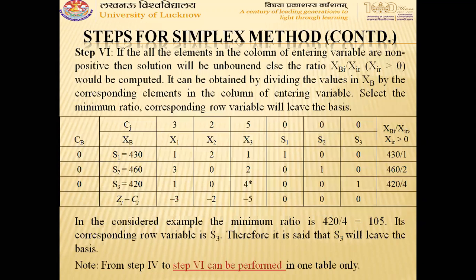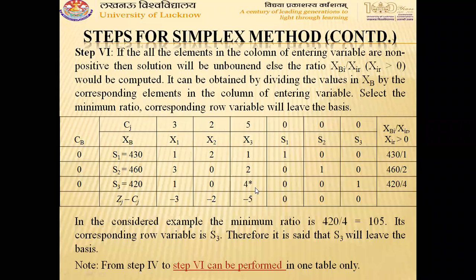For the leading element, we draw a hypothetical vertical line for the entering variable, in the column of x3, and a line in the row of S3, the leaving variable. x3 and S3 intersect at this point, that is 4. So this 4 is called the leading element, the element common to the entering and leaving variable.